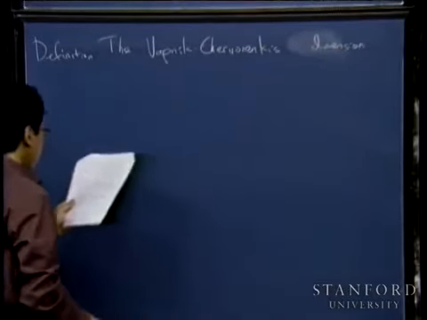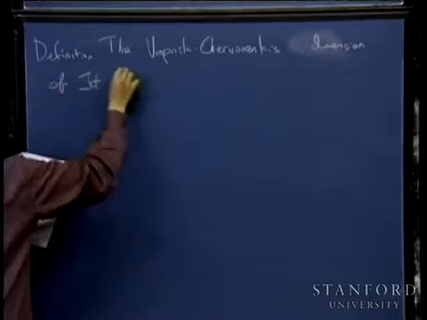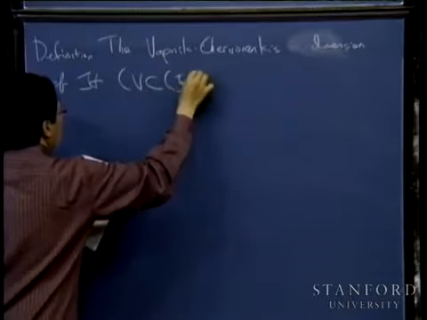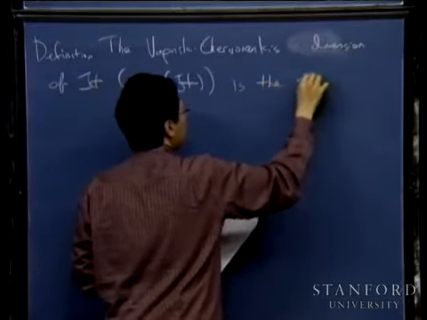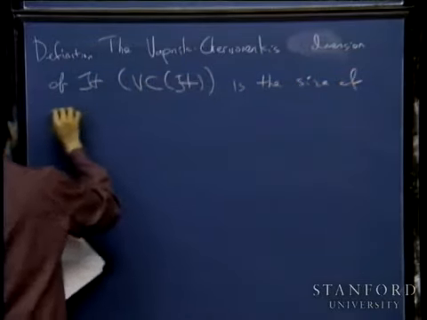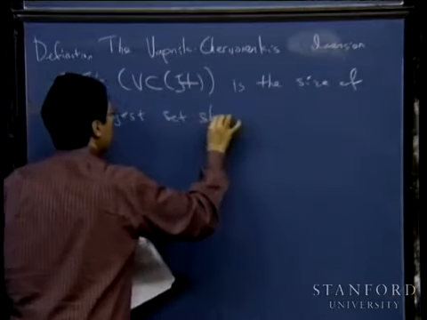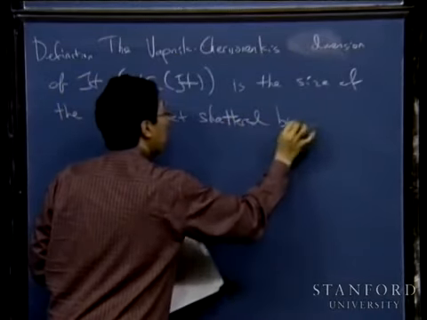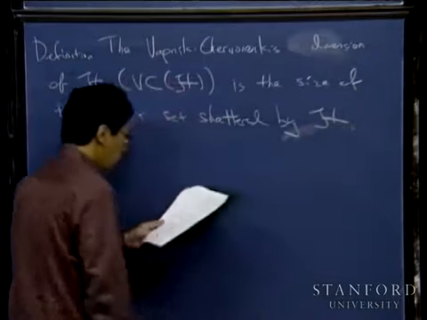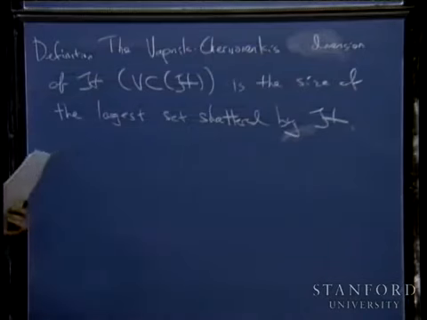So given the hypothesis class, the Vapnik-Chervonenkis dimension of H, which we usually write as VC of script H, is the size of the largest set that is shattered by H. And if your hypothesis class can shatter arbitrarily large sets, then the VC dimension is infinite.